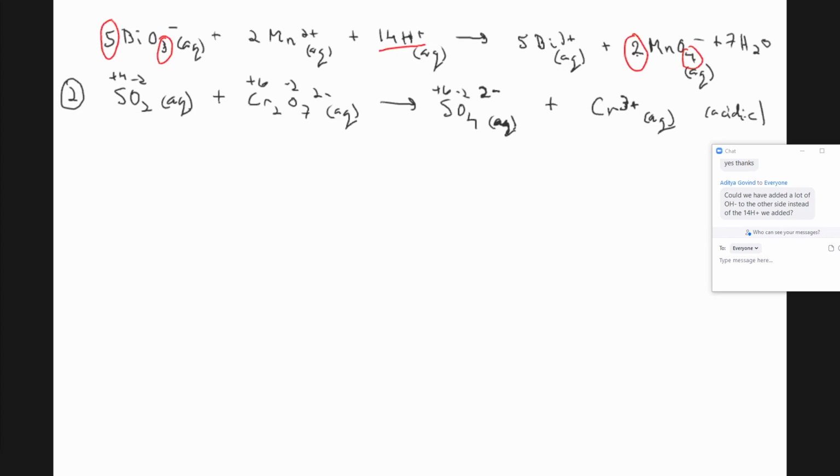Okay. Let's take a look. So we know that sulfur here went from being a +4 to a +6. Did it gain or lose electrons? How many?